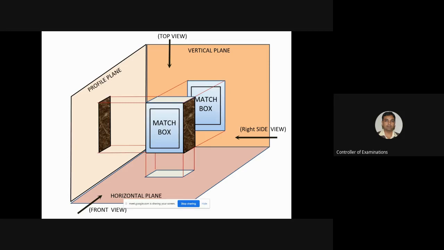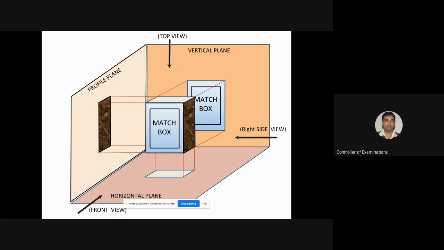So this is a perfect example of the orthographic projections, with the help of which you can get the front view on vertical plane, the top view on horizontal plane, and the side view on profile plane. Each view is unique. Each view is different. No two views are same.